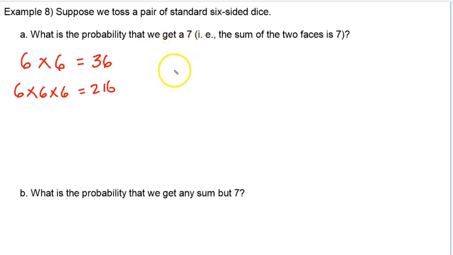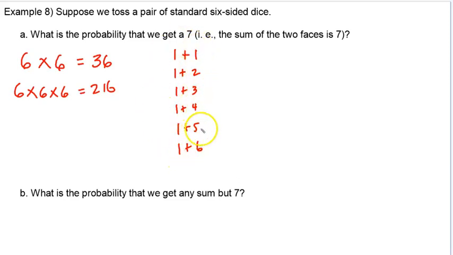So let's just think about all the ways that we could roll 2 cubes and end up with a 7. Okay, so let's just think about all the sums in general. We'll just start with 1 plus 1, 1 plus 2, 1 plus 3, 1 plus 4, 5, 1 plus 6. There's 6 possibilities if I just had 1 on, we'll call that the left number cube, and then the right number cube changed.